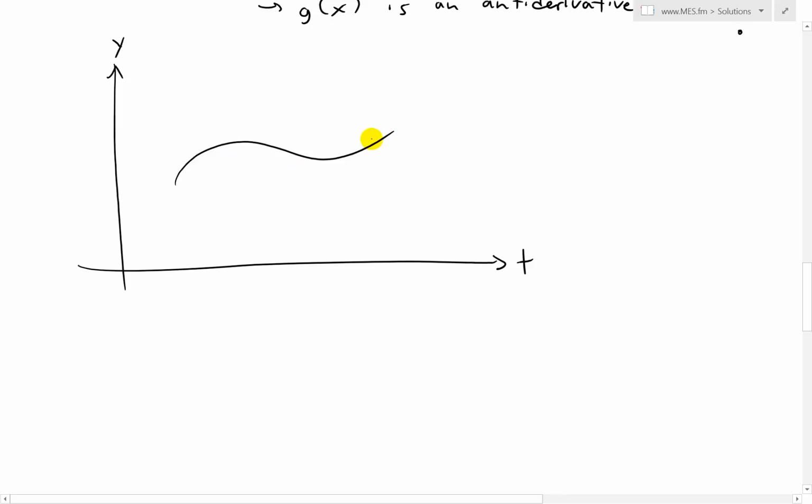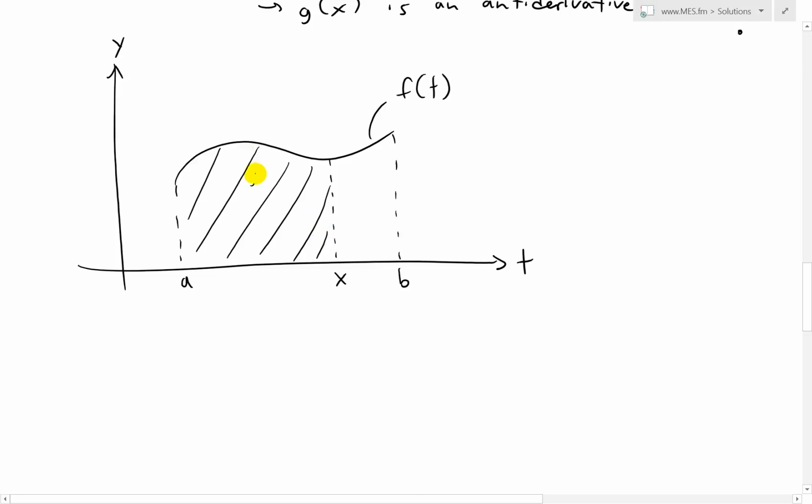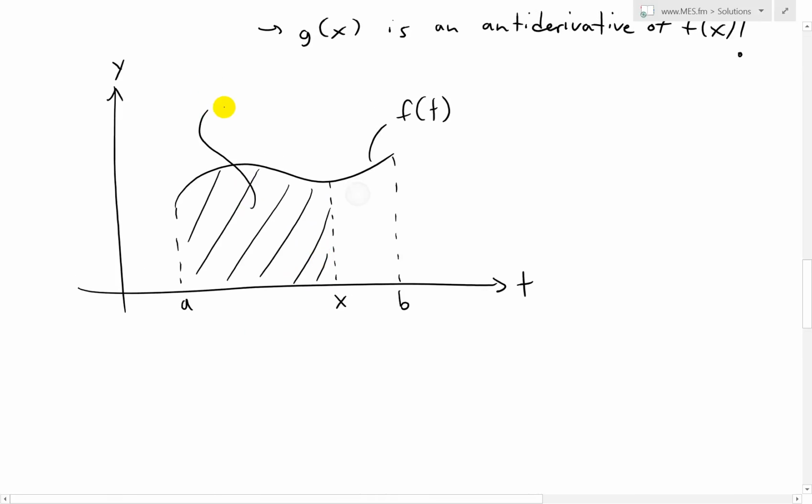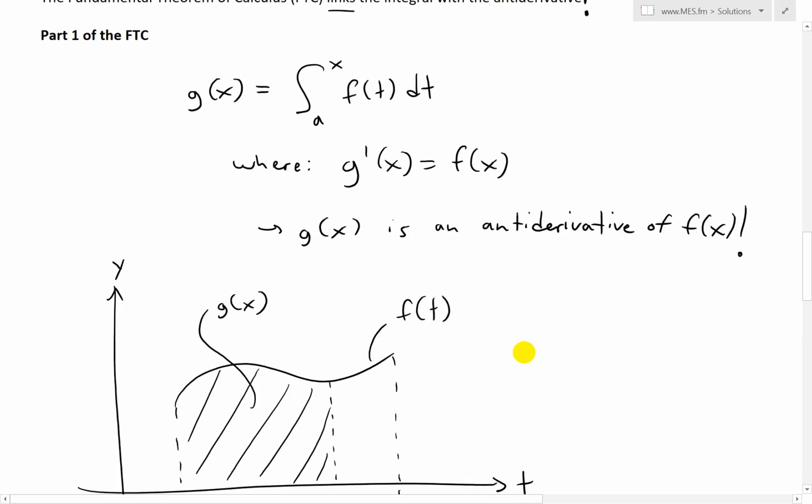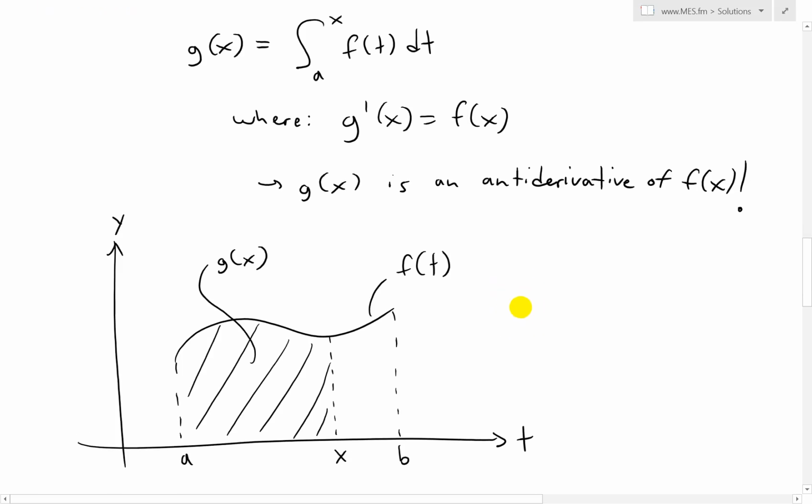Let's say it's a random function f of t, and this is the interval from a to b, but we want to find the area up to x. So this shaded area is equal to g of x, which is the integral of f of t from a to x.